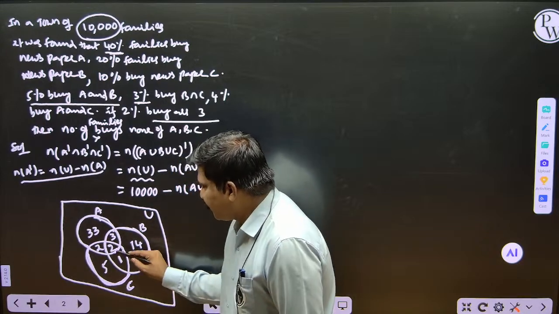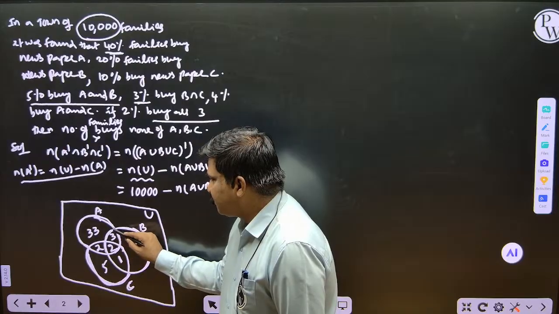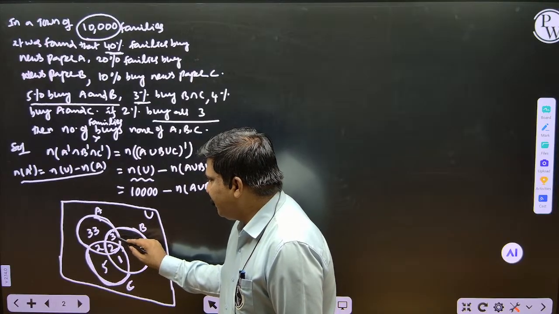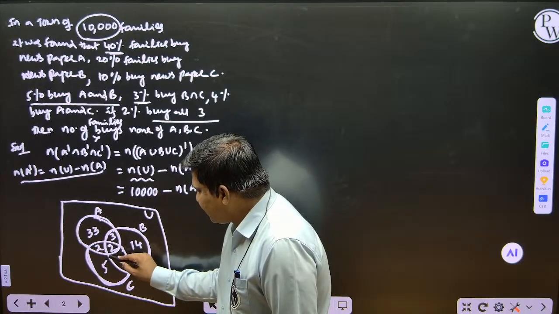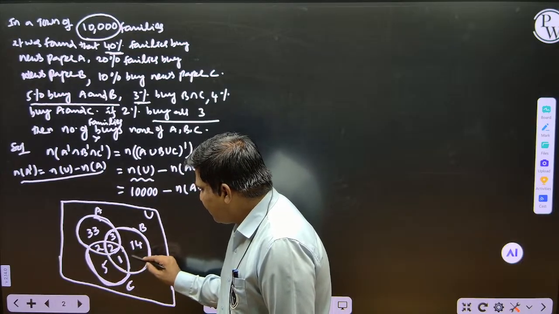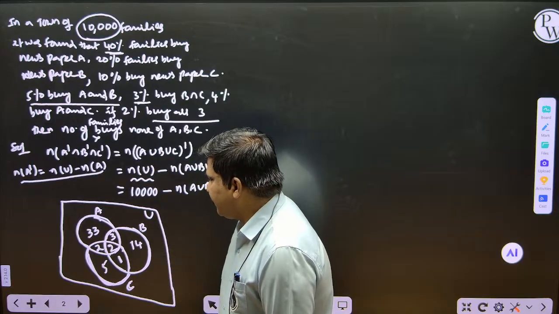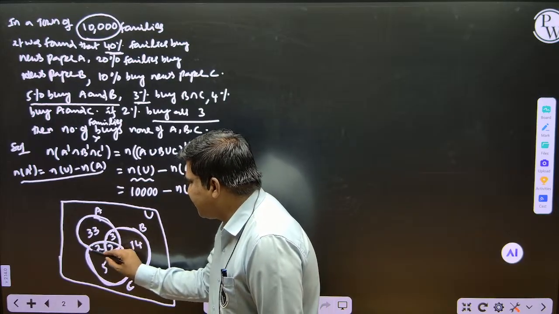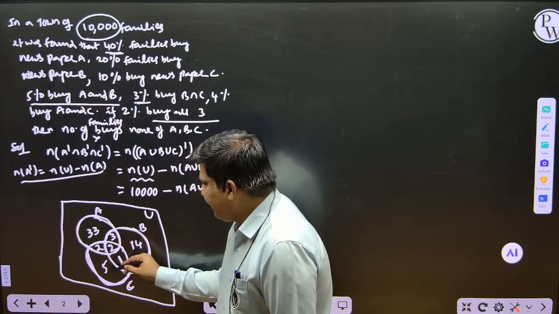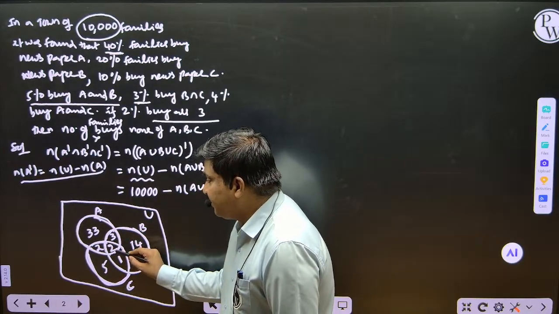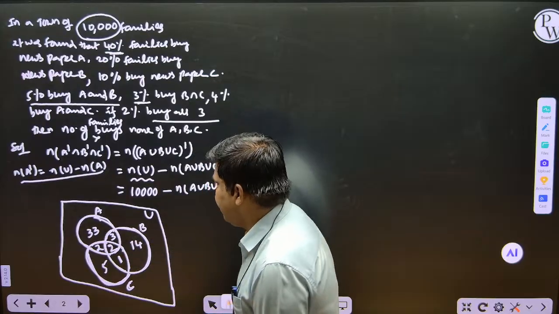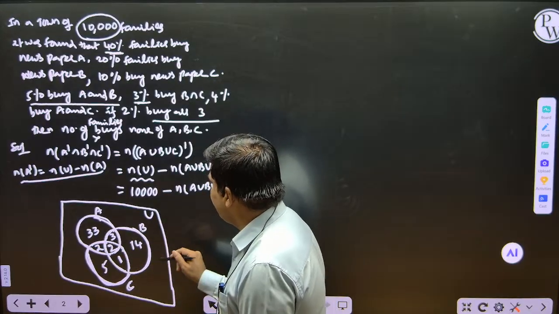This part gives reading A and B but not C. This part gives reading B and C but not A. This part gives reading A and C but not B. Then this part gives reading all three.